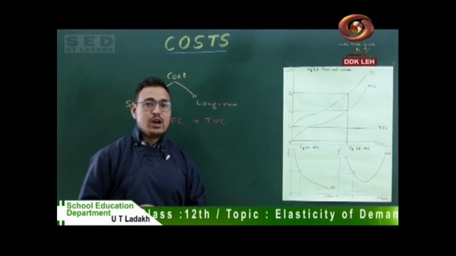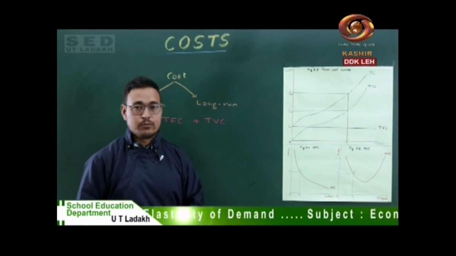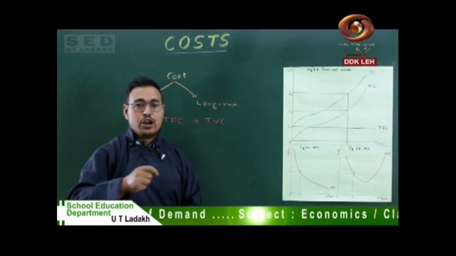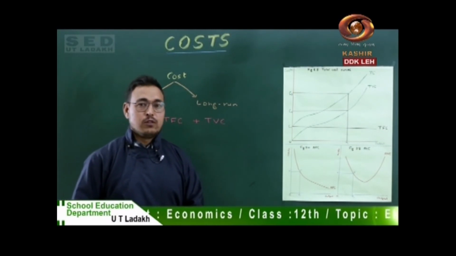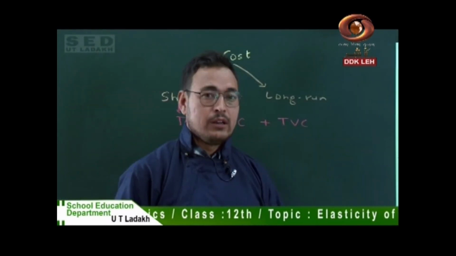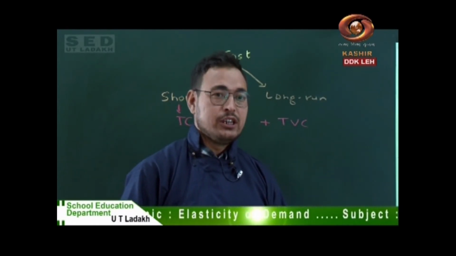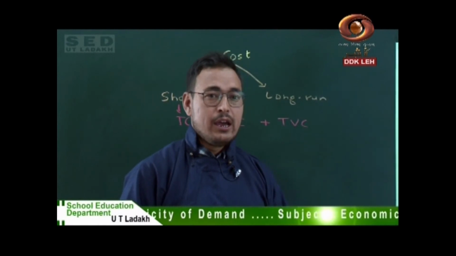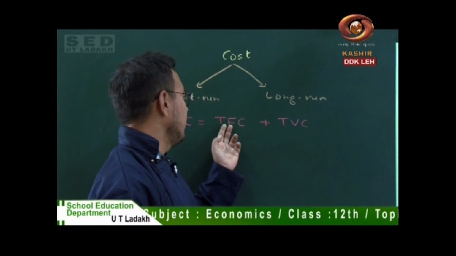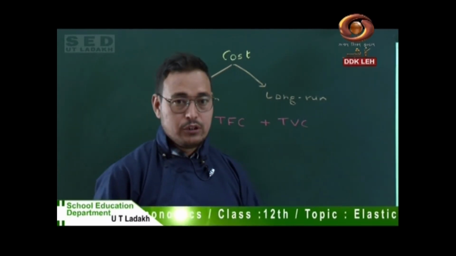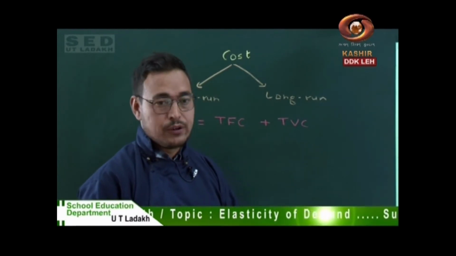That means even when you have zero production, or whether it be 100 units of production, your cost will be the same. It includes the cost of your factory, the rent, similarly the cost incurred on machines and tools that you are employing, and the cost of your permanent employees.